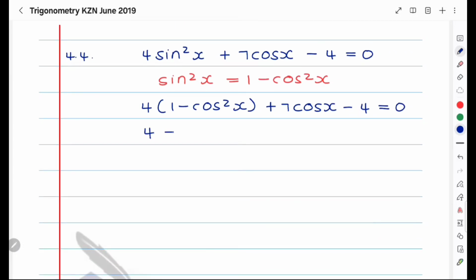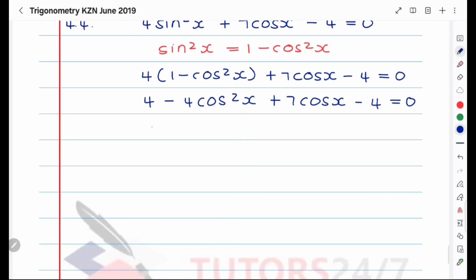We distribute the 4 into the bracket. We can add up like terms. Please take note that positive 4 and negative 4 become 0.